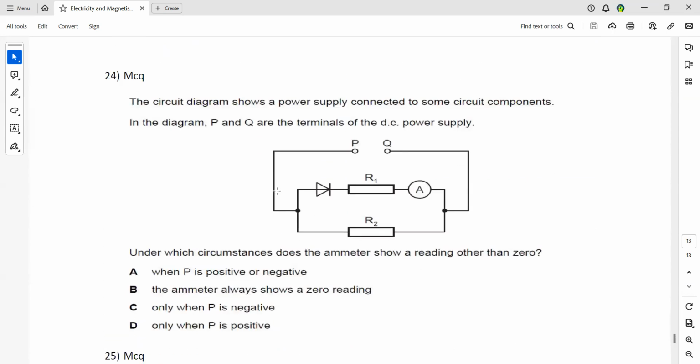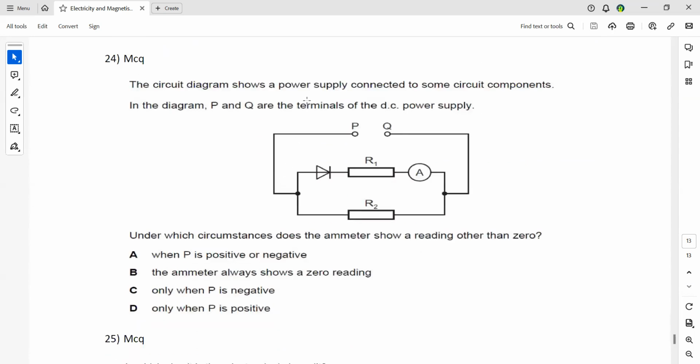Question 24. The circuit shows a power supply connected to some circuit components. In the diagram, P and Q are the terminals of a DC supply. So we have a DC supply. Now we have to find under which circumstances the ammeter shows a reading other than zero.